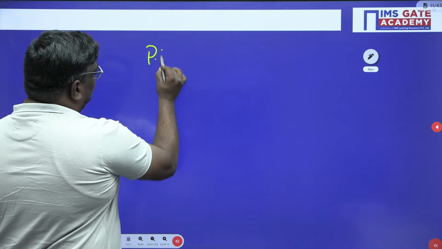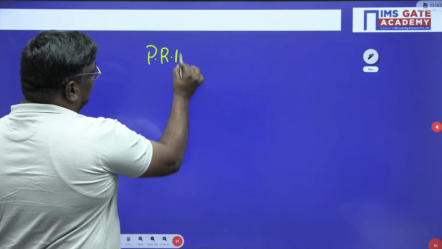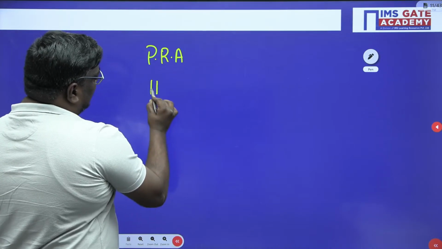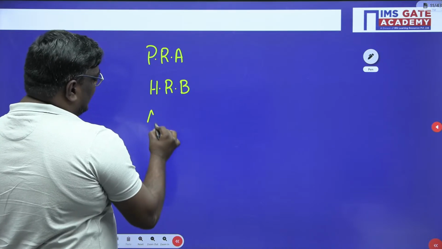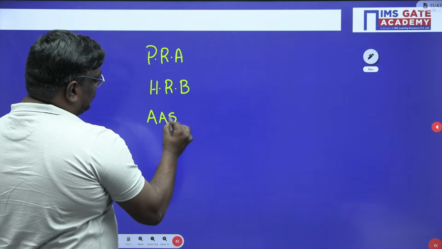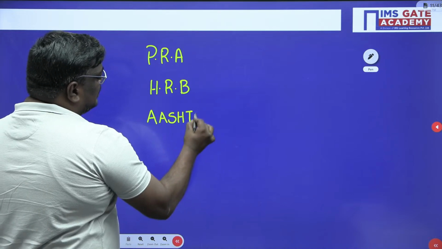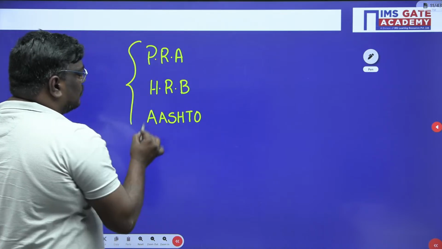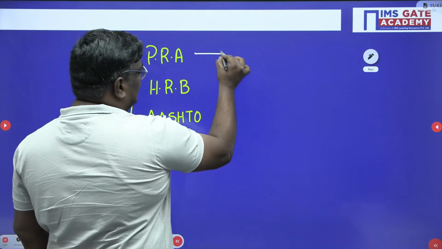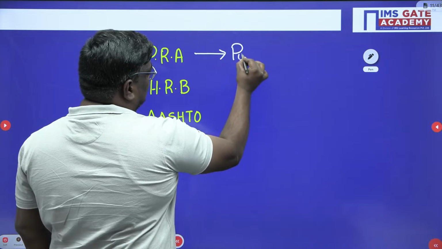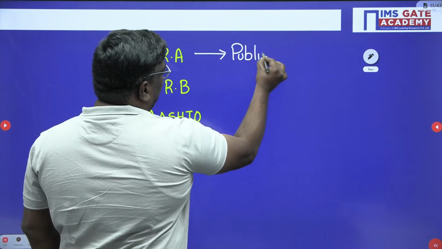Now, we have some organizations like PRA, HRB, and we also have IISc. Now, see students, all these are the organizations. One is Public Road Administration.